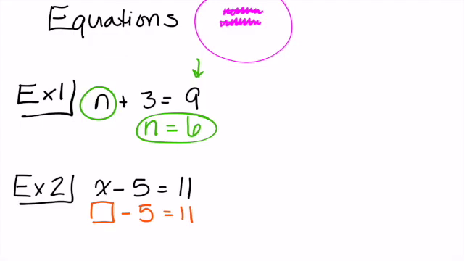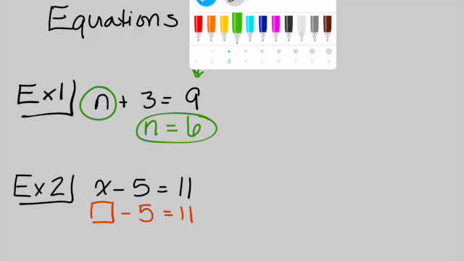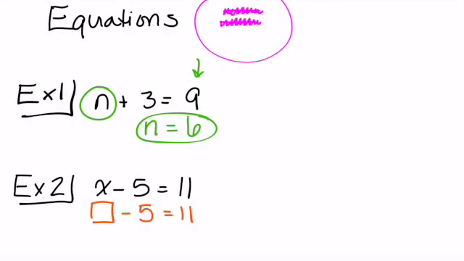What number minus 5 gives me 11? And the answer is 16. 16 minus 5 gives me 11. So I need to write x equals 16. That is my whole answer, because we just found that the x should be the number 16.